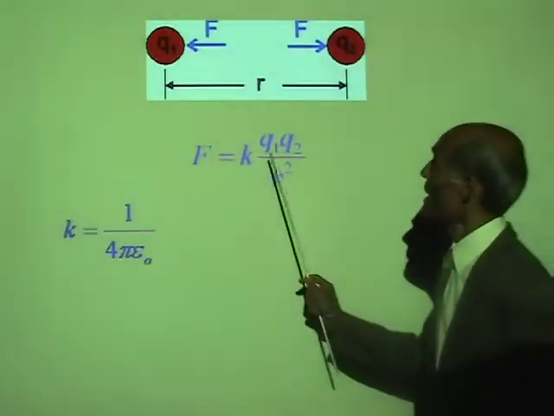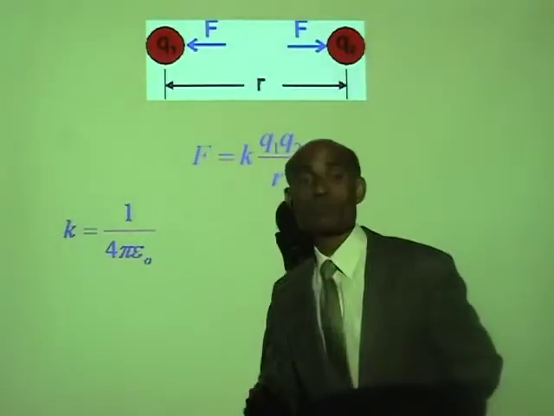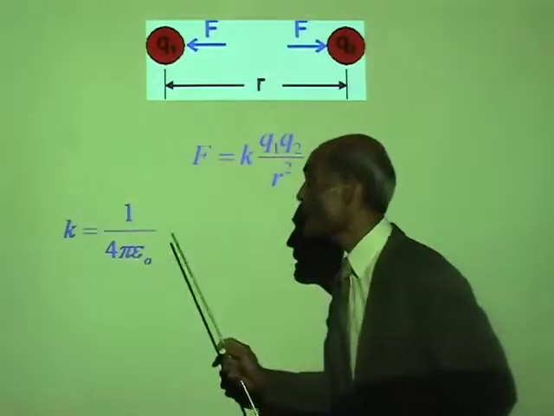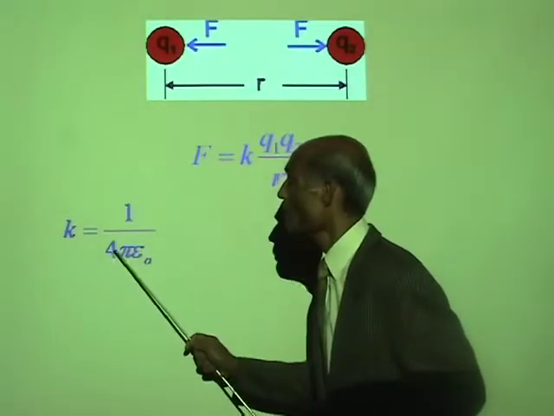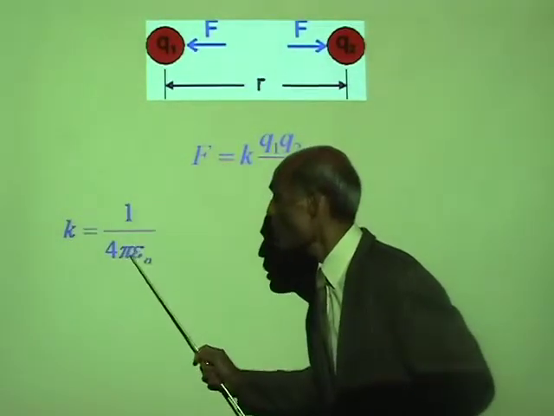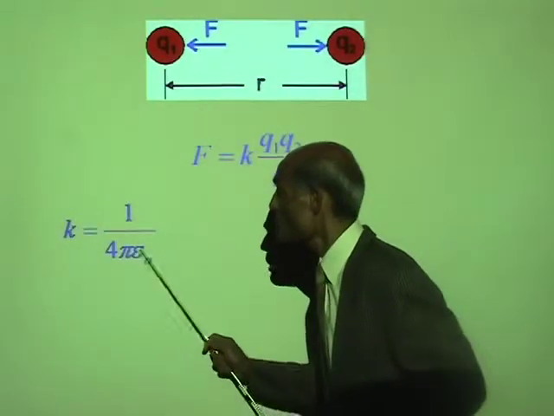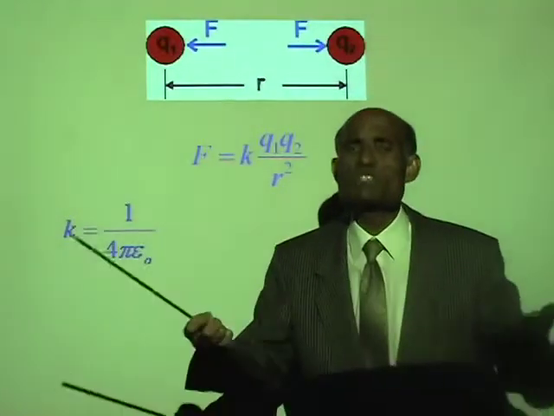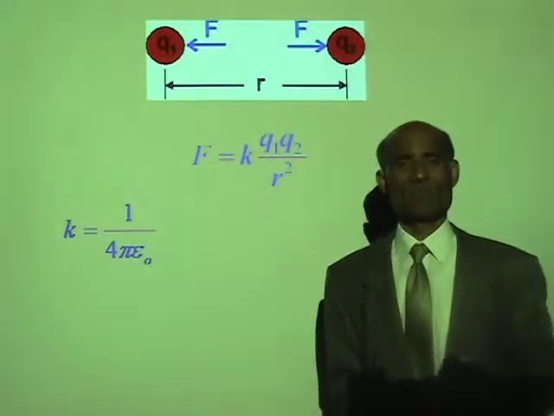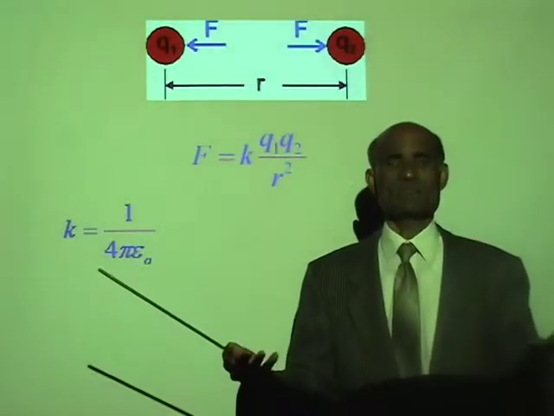Alright. Now k can also be written in terms of another constant. Look at this. k equal to 1 over 4 pi epsilon naught. Now this epsilon naught is another constant, and we call it the permittivity of free space. What does permittivity mean?